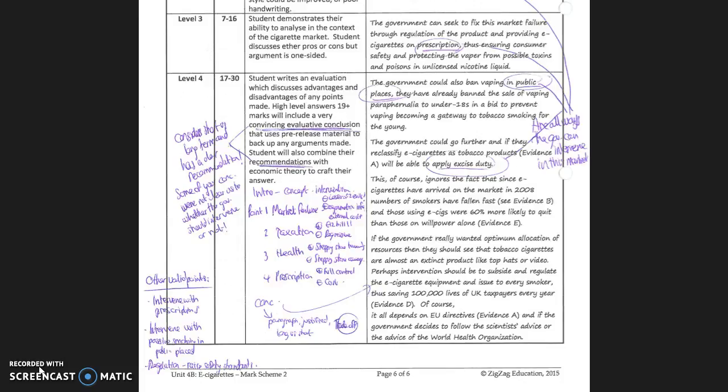The 10-year study is due to expire next year, and Public Health England are saying that actually this is 95% safer. If that is verified, then the government need to be brave and say, right, we're now going to take away the extra taxation, we're going to reduce and deregulate.